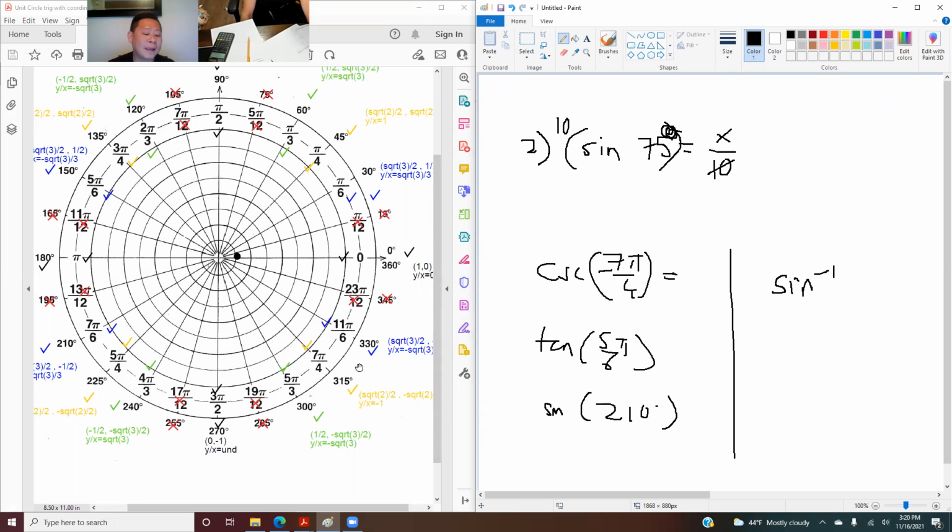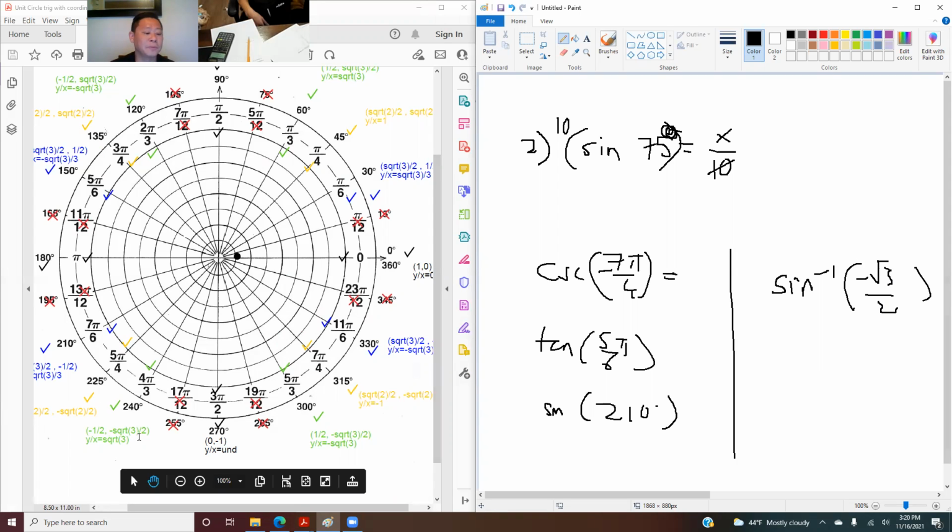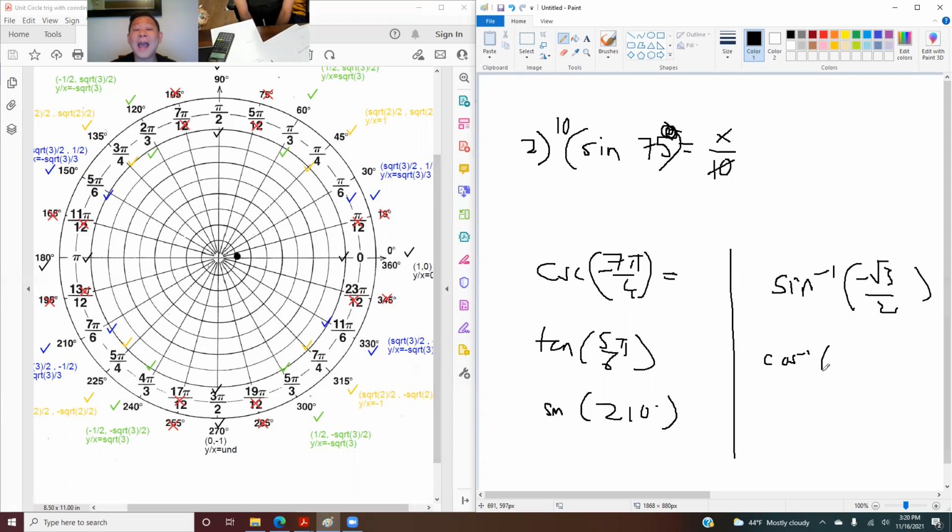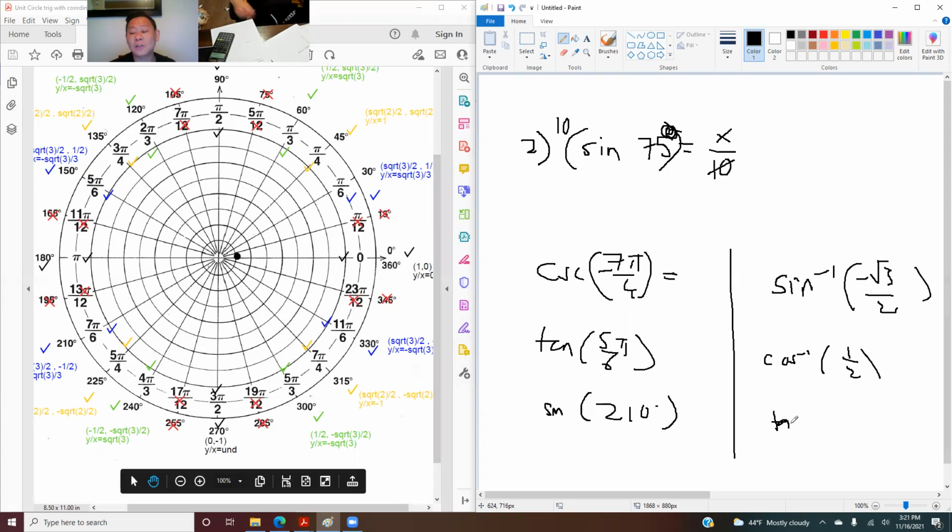This time, if it's arc sine, pick any y value you have, like negative root 3 over 2. For arc cosine, take the x value, say 1/2. For arc tangent, pick the y over x value, like square root of 3, for example.